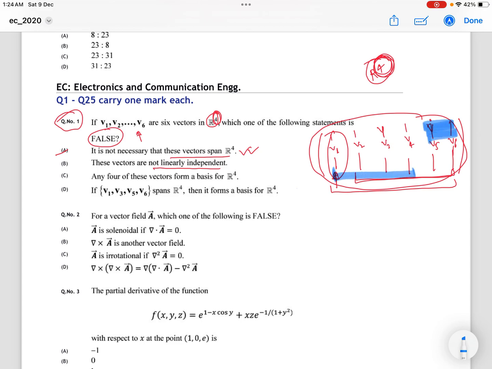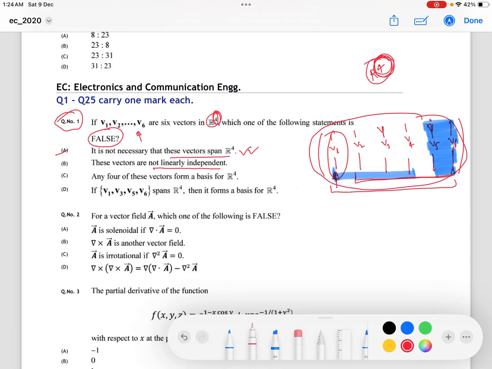Then we have the 2 extra vectors, and these 2 extra vectors will be multiples of some of these columns. That means these 2 extra vectors will depend on some of these columns, right? So these vectors are not linearly independent. So that statement is also correct.